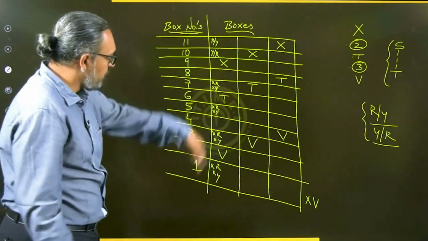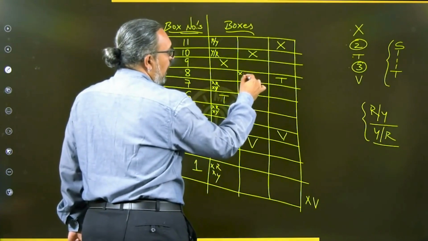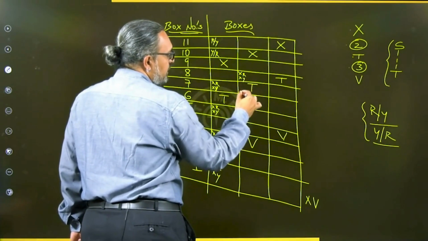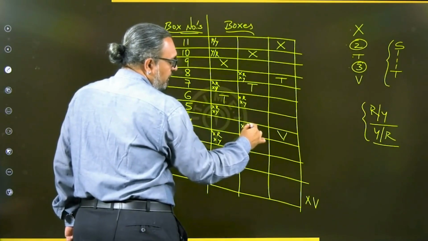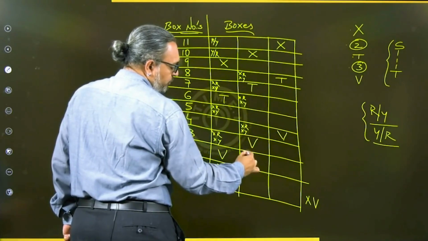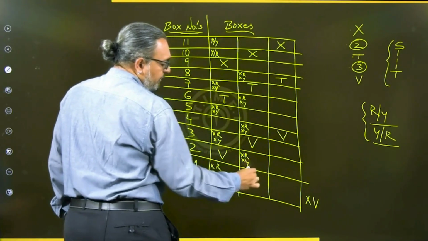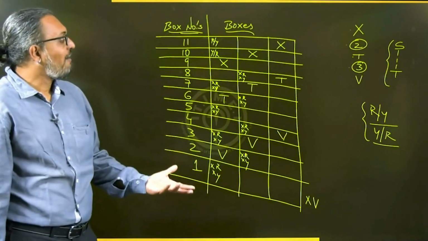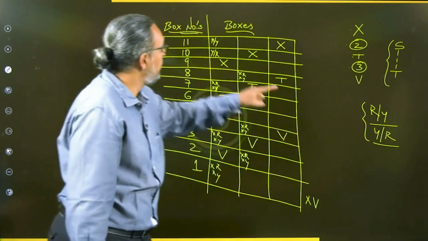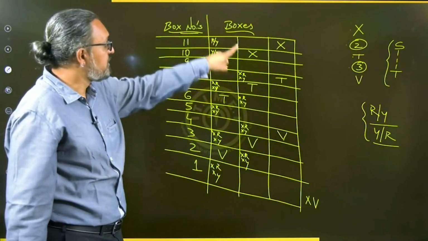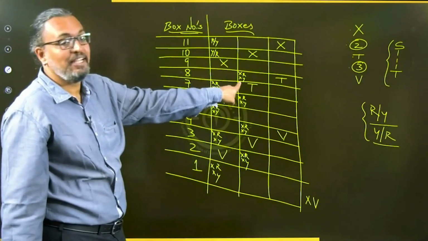Correct? In a similar manner, I can rule out R and Y adjacent to T, R and Y adjacent to V. Now, do I have any two positions that are adjacent to each other where I can place R and Y? Is it possible in the 11th? No. Is it possible in the 9th? No, because 8 is ruled out.